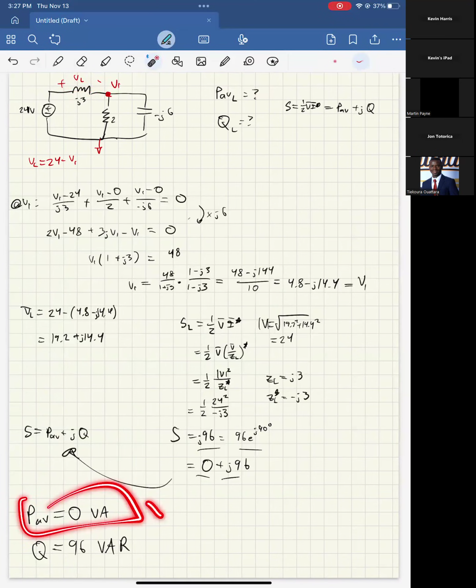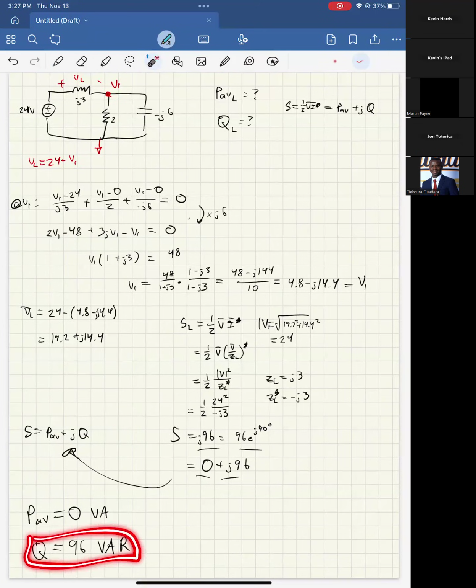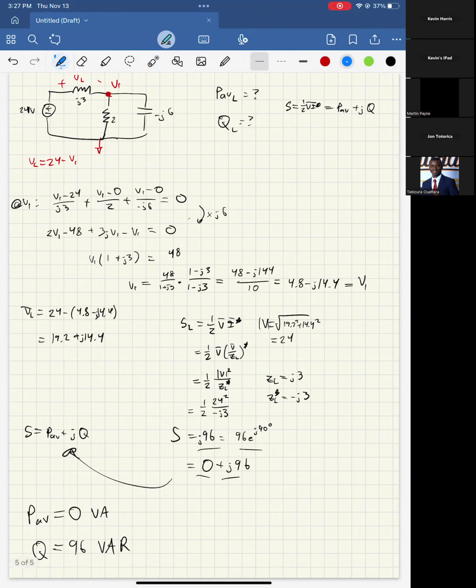So that checks out. And since it has an imaginary impedance, it would have an imaginary power. So good gut check, make sure your numbers make sense. Think about things like that. So that would be that.